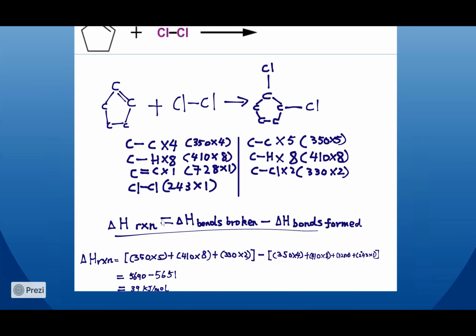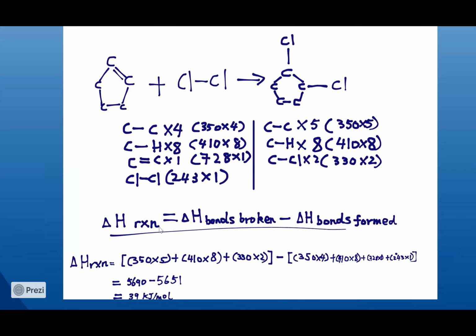After this step, we're not fully done yet. We need to apply the formula. So we're given delta H reaction equals the delta H of bonds broken minus the delta H of bonds formed. In this case, we add up the values on the right-hand side and subtract the values on the left-hand side.